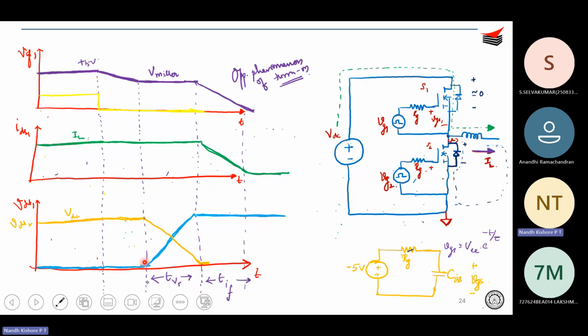Once the voltage has transferred and the voltage across the diode has become zero, as VDS2 goes to zero, your current can start to fall, as indicated in the green line. So first you will encounter turn off delay time, then voltage rise time, and then current fall time. Is this clear? Is this fine?